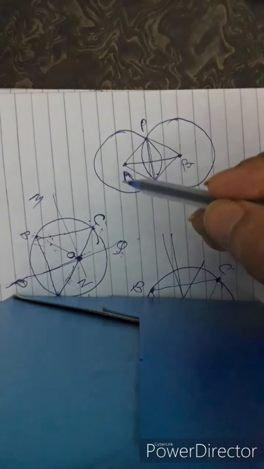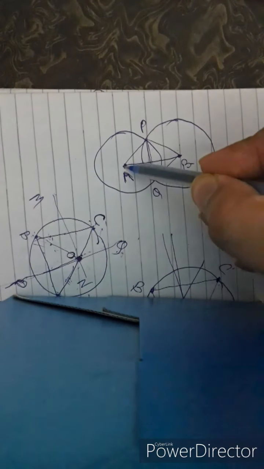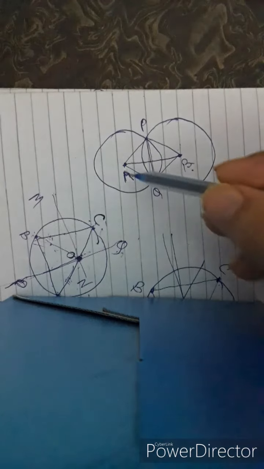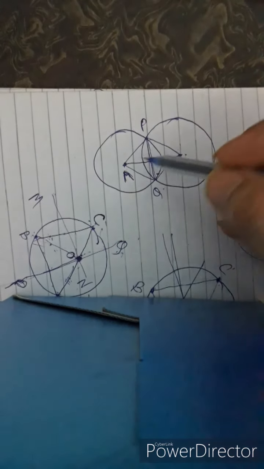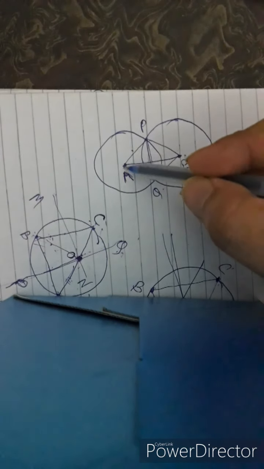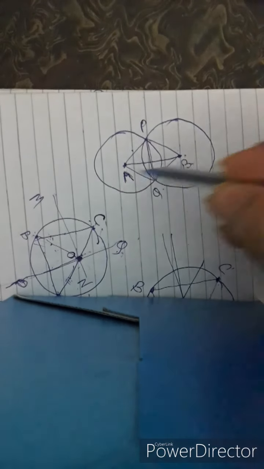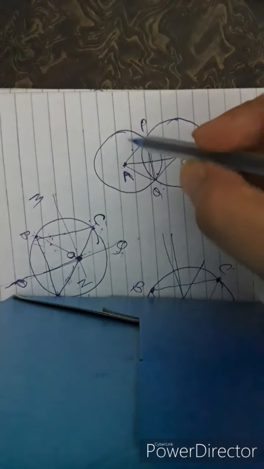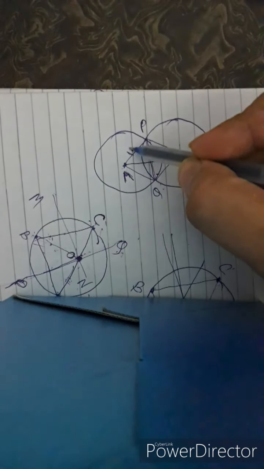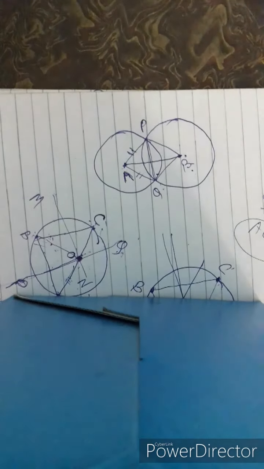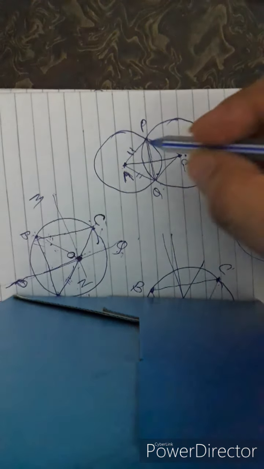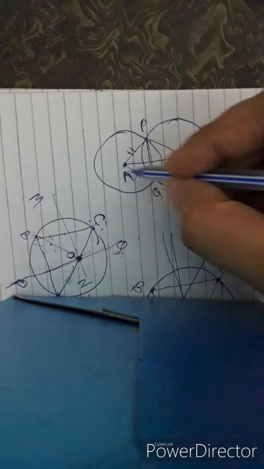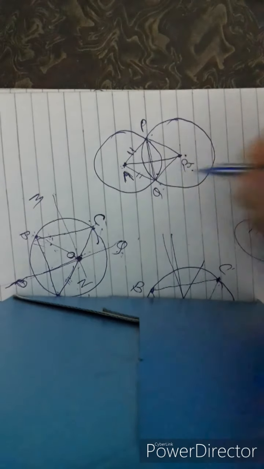Now taking triangle APB and AQB, we know AP equals AQ, since they are the two radii of the same circle.